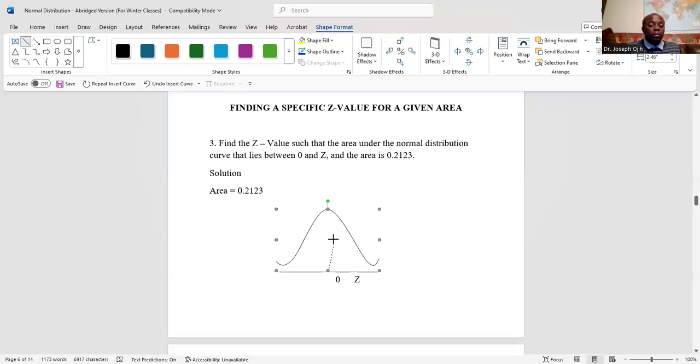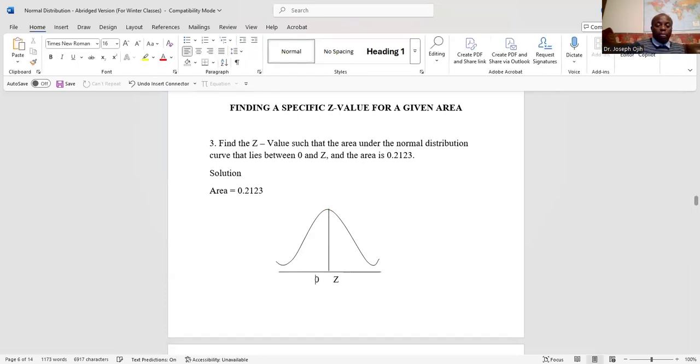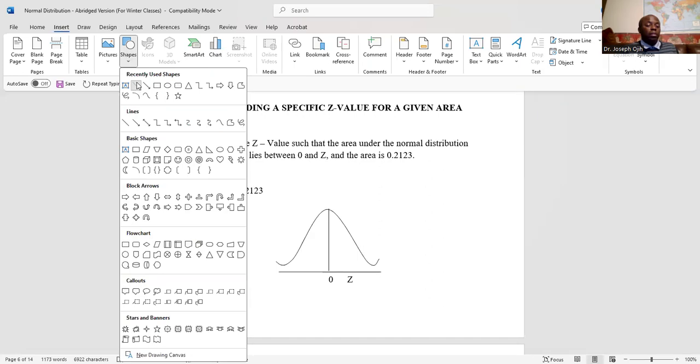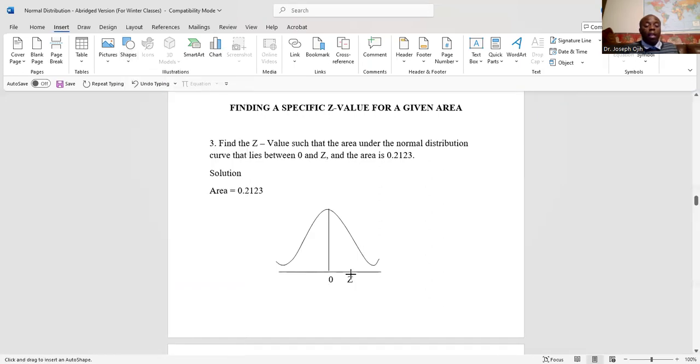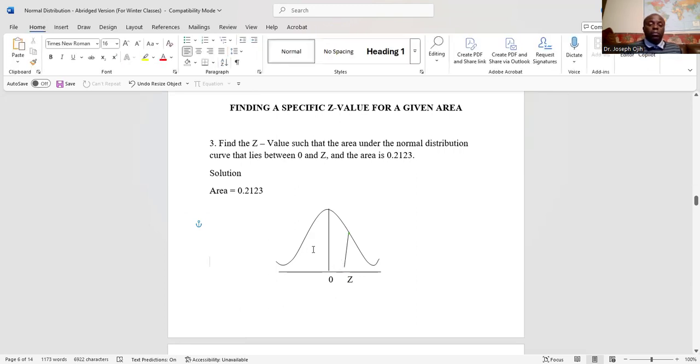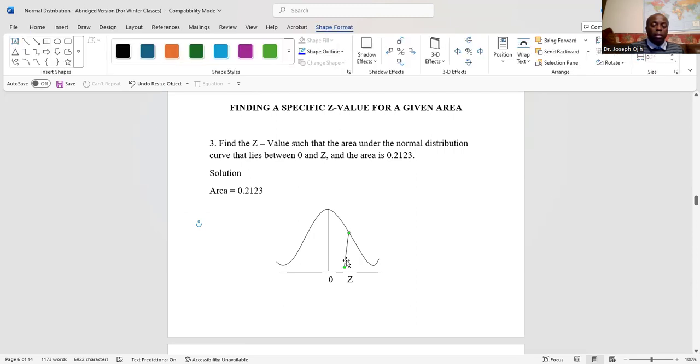I'm going to move it a little bit further. The line represents z. Don't forget, it can be plus or minus. Okay, we'll have this. I'm going to extend this here.